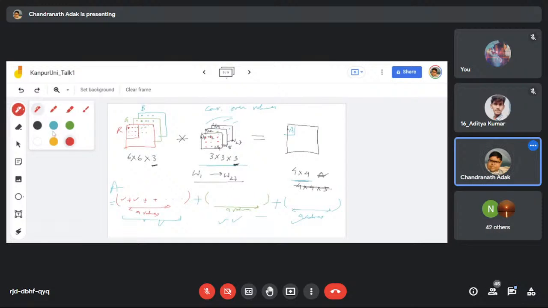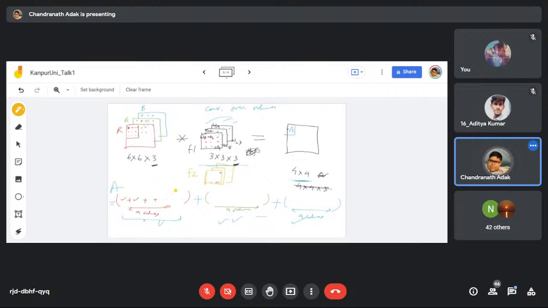Now you can perhaps see, these 27 values are for only one filter. The number of filters I have used here is 1. So this is filter 1. Now I can use multiple filters. Again I am using another filter, so this is my filter 2.